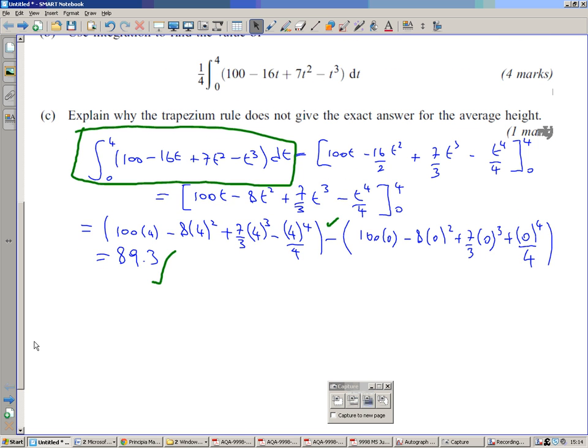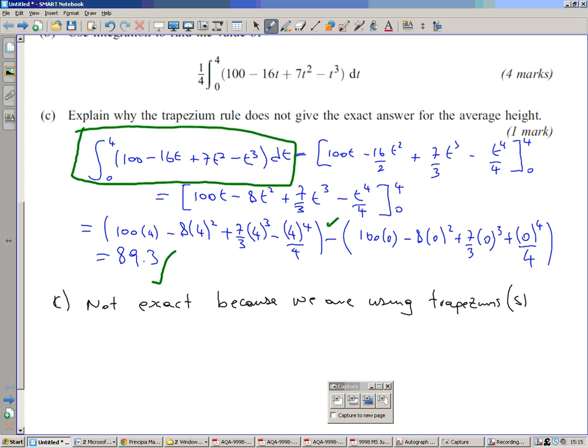So we're using trapeziums, not exact, because we're using trapeziums which involve straight lines. Last time I looked, a trapezium didn't have a curve in it. So straight lines under curves.